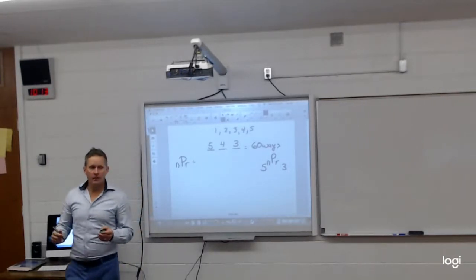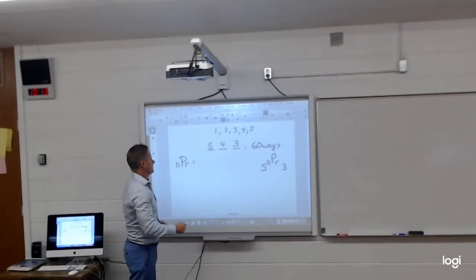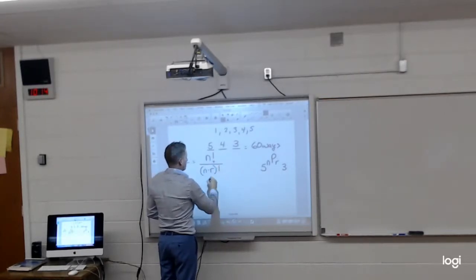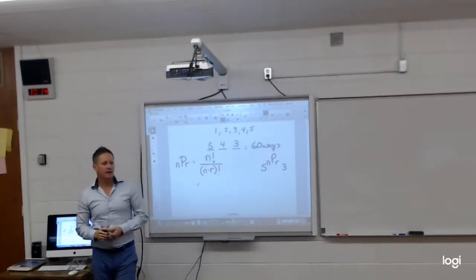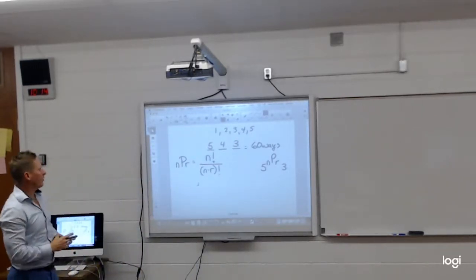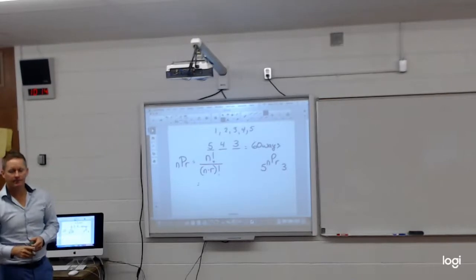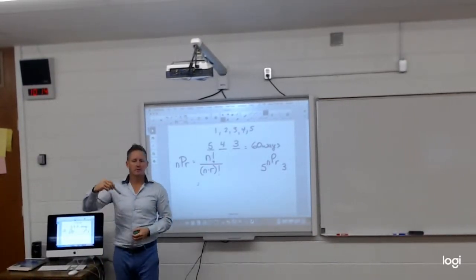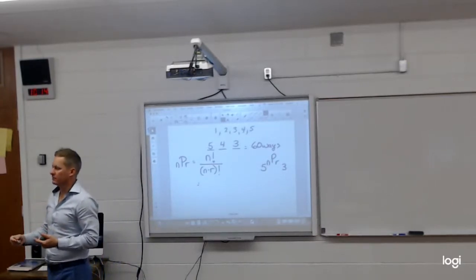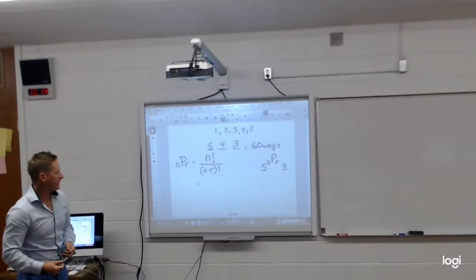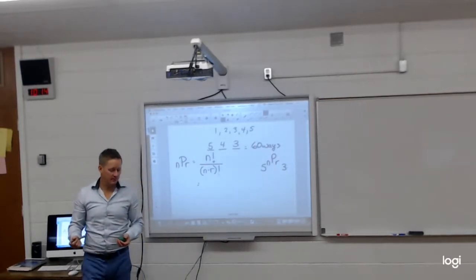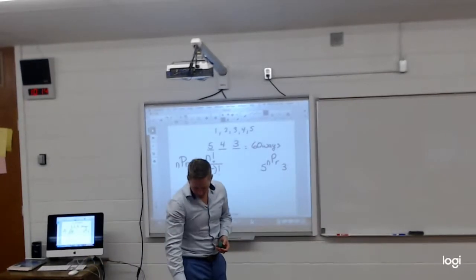So, what nPr is, is this equation right here. It calculates n factorial over n minus r factorial. n represents the number of selections I have possible, the number of options. r represents the number of decisions that I'm going to make. Okay? They write it a little bit different in here.